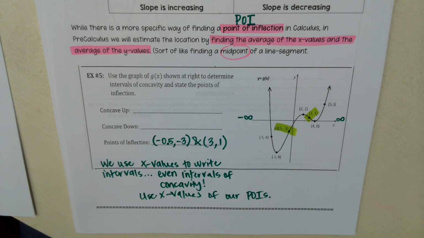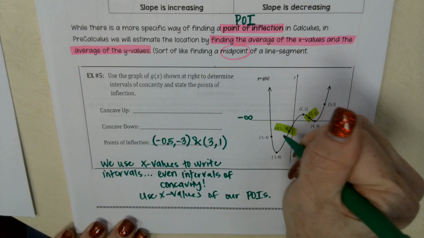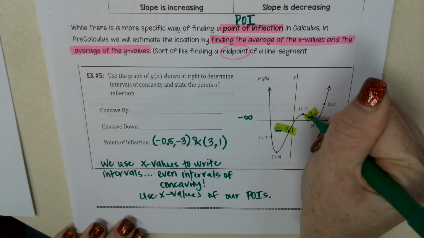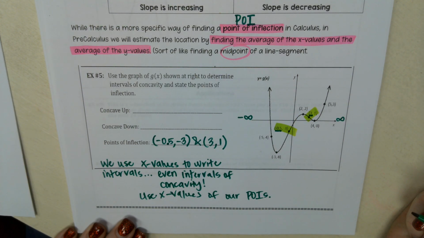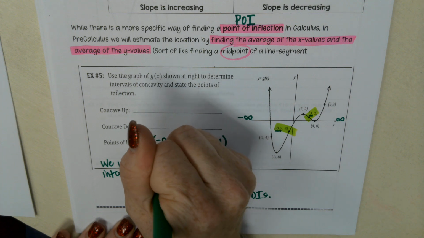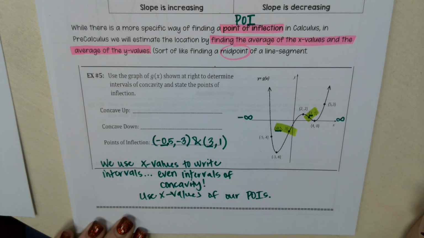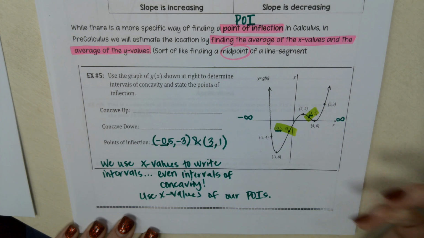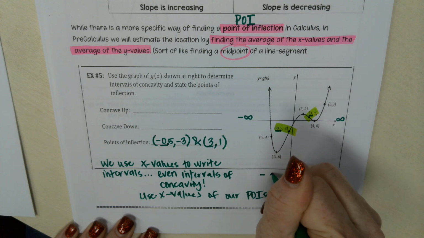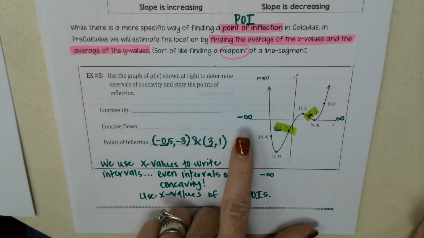So I will use the X values of my points of inflection. So I'm going to mark those values right here. Okay? That's also the same thing as what sits in the front. And while I do my intervals, I'm going to do these kind of the same way I did before. Okay?